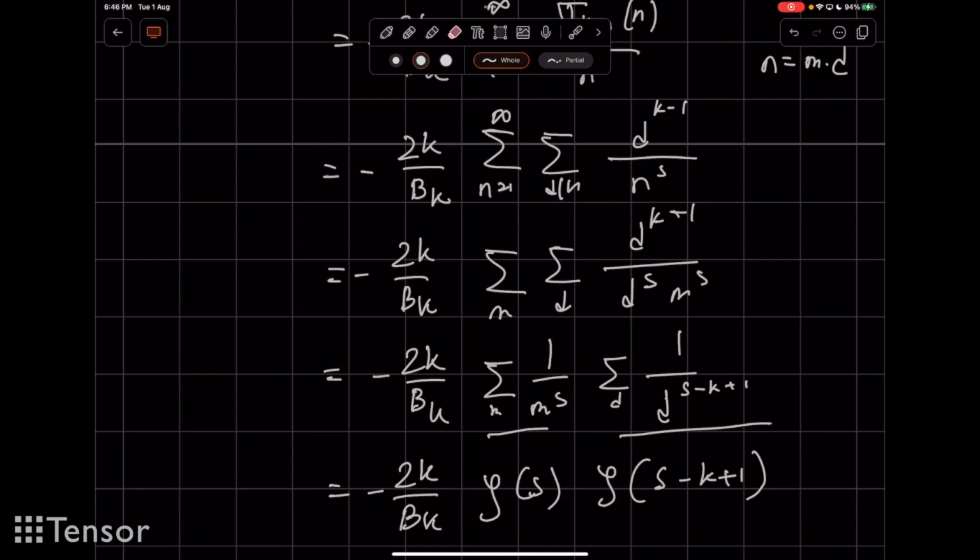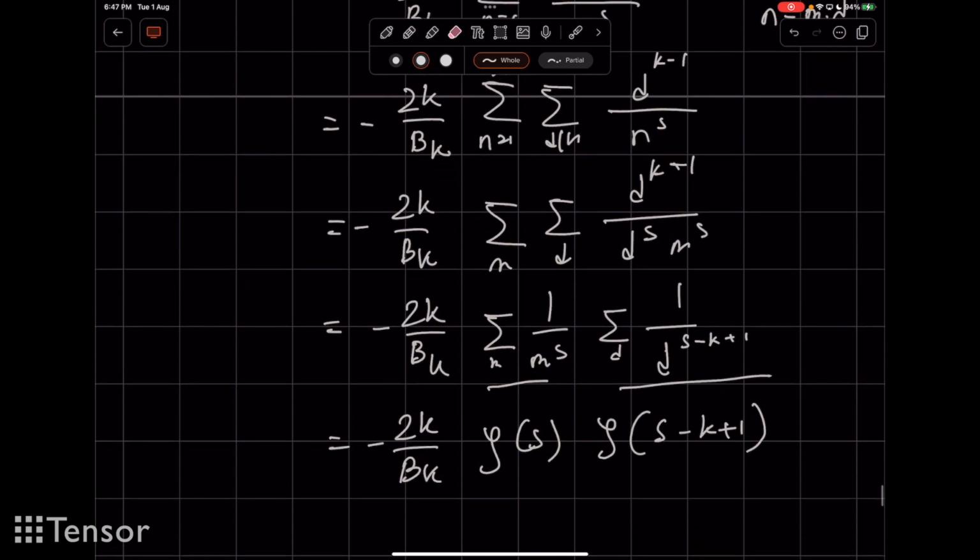So the L function of the Eisenstein series is the product of two zeta functions. And in order for the zeta functions to be well-defined by this sum, we need the real part of s to be greater than k.